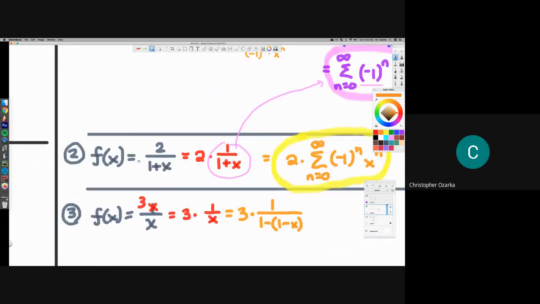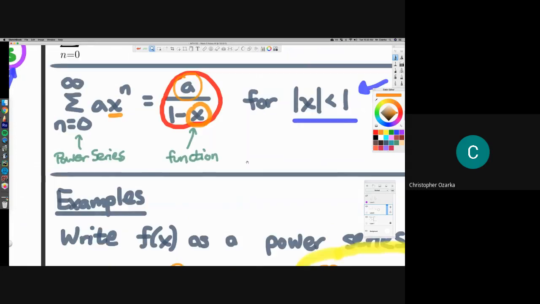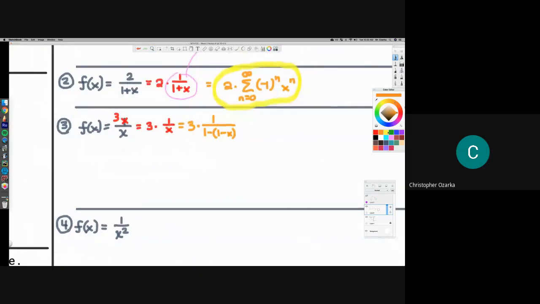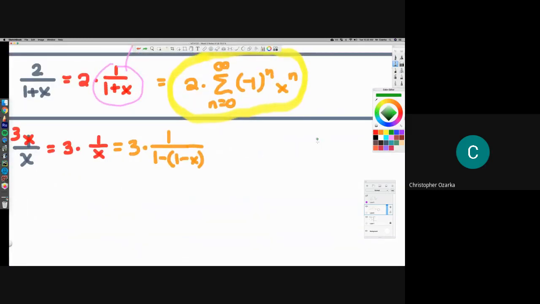Home base is the geometric series. I've got to stop saying that. I do not sound professional. So now we can use this thing right here. A in this case is going to be 3. I don't really need to worry about that for right now. So let's do this like we would do the last couple problems.